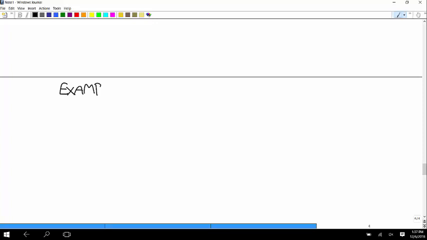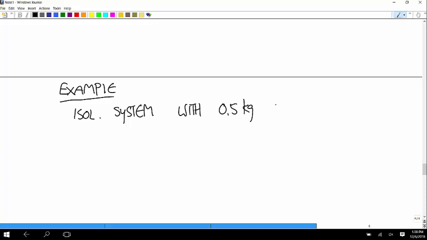Okay, so let's do an example. Let's say we have an isolated system with 0.5 kilograms of steel that's bathed in 10 kilograms of liquid water.